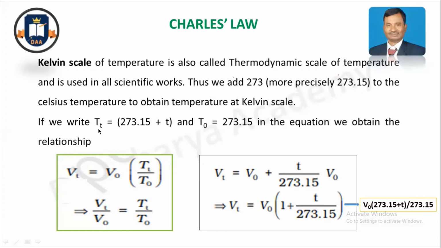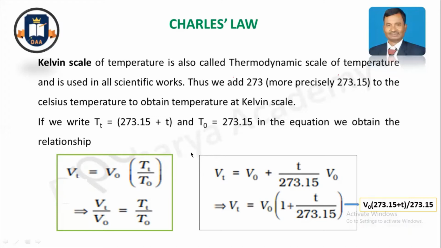That Kelvin scale temperature, capital T subscript small t, has the value 273.15 plus t. And in this case T0 means the absolute or Kelvin scale temperature at 0 degrees centigrade, and as I described previously, this value is 273.15.